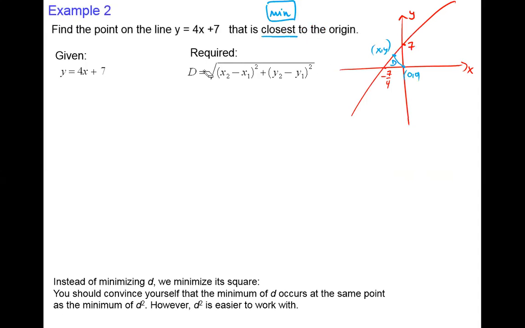But we may think, in terms of minimizing the distance, which is minimizing the square root, it's just enough to minimize the quantity inside, right? Because if I have square root of 4, of course it's 2. Everything depends on the number inside. If I would like to have a lower number, I will put a lower number inside.